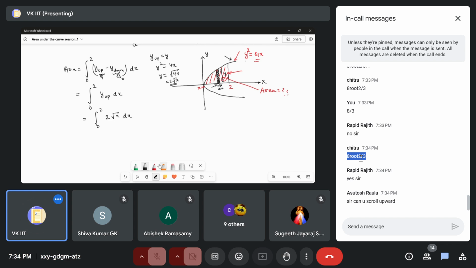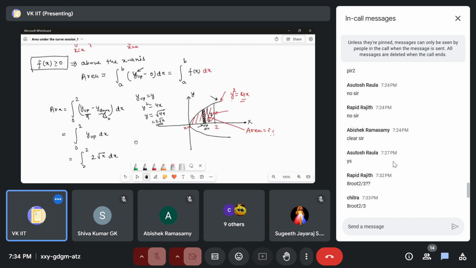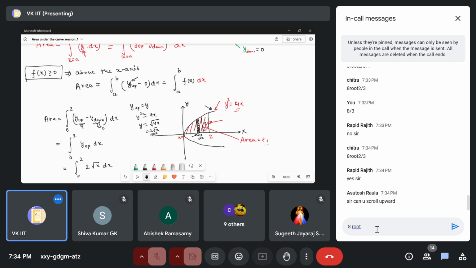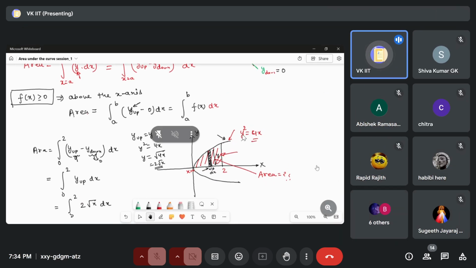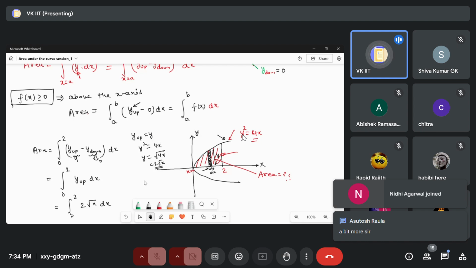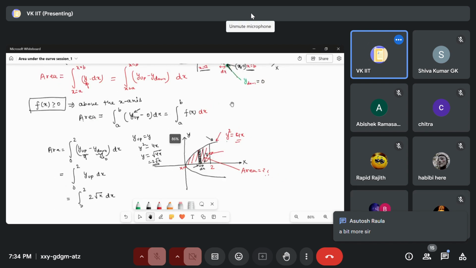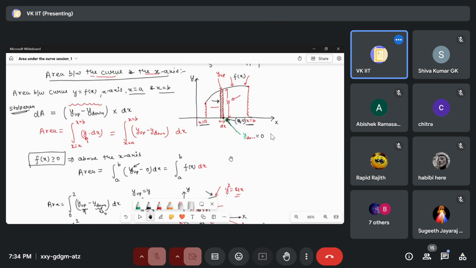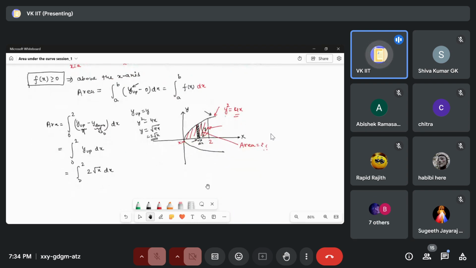Okay, is it 8 root 2 by 3? Whatever you will be getting, the calculation is on your part. I have just given a random example to you. Okay, speed should be a little bit high while you're writing, so that we can cover more. Done? Okay, good. So then let's go for the next part.